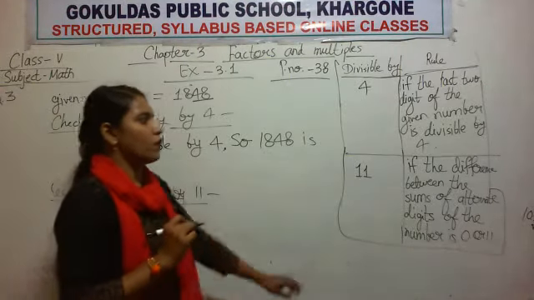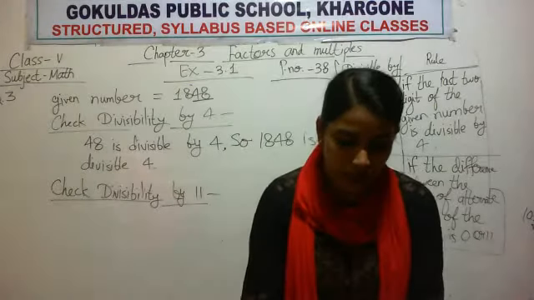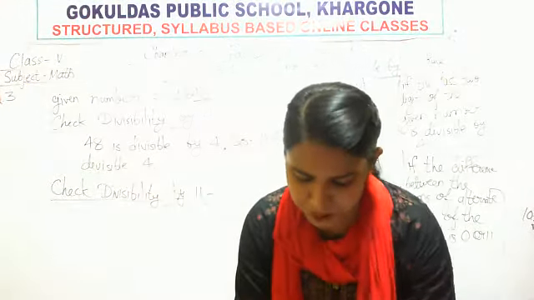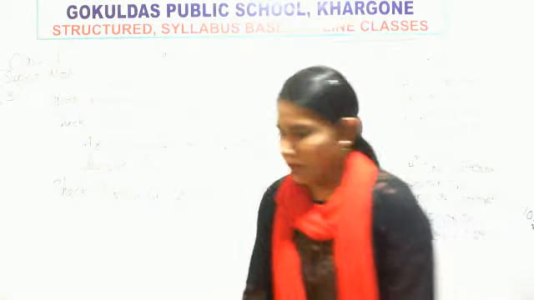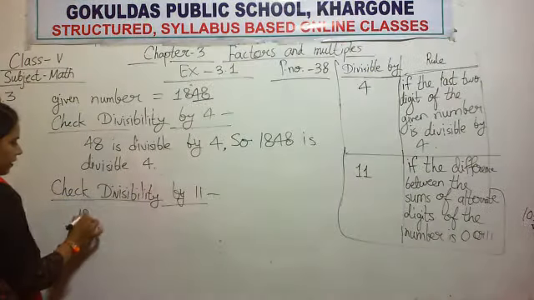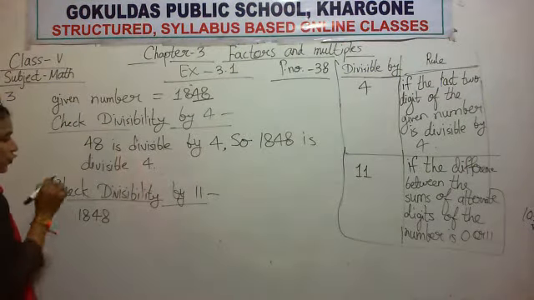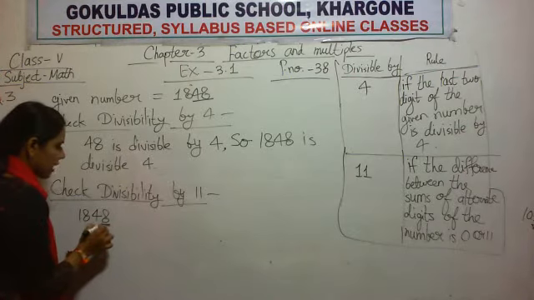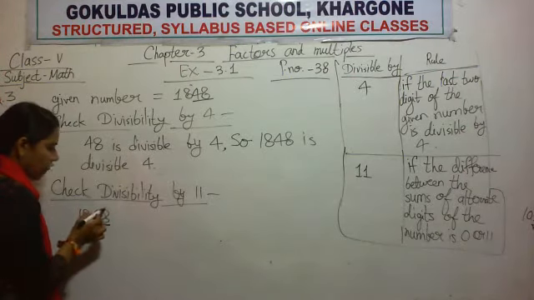So for 11 you have to choose the alternate digits, right? Means you have to skip one digit. The given number is 1848, so you will choose the alternate digits. Start from the ones place and skip one digit.